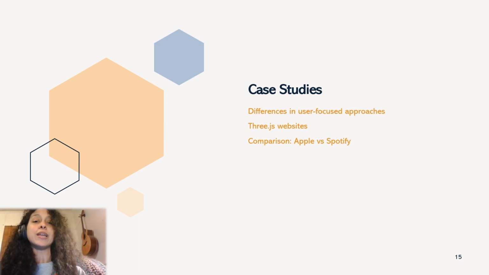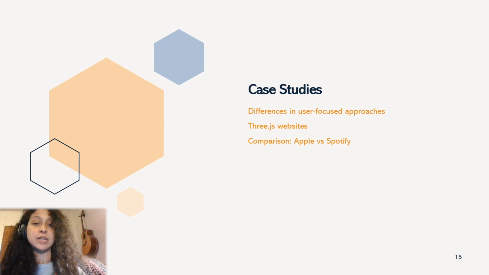Now we will look at a couple case studies that really showcase the differences that the user-focused approaches can have. Whether we're talking about end users, clients, business associates, those concerns will drive the design, development, and potentially the whole life cycle of our product.